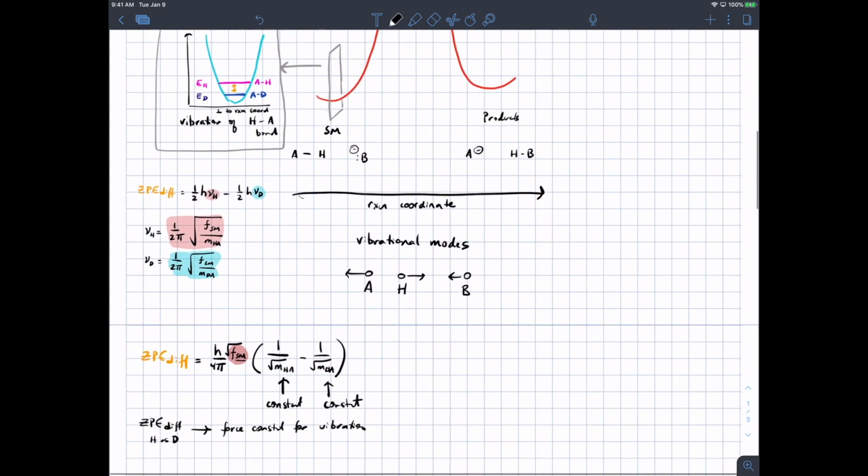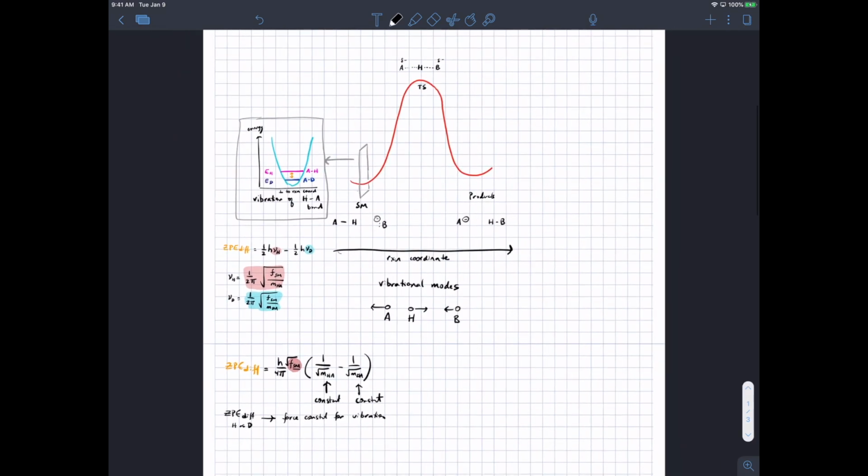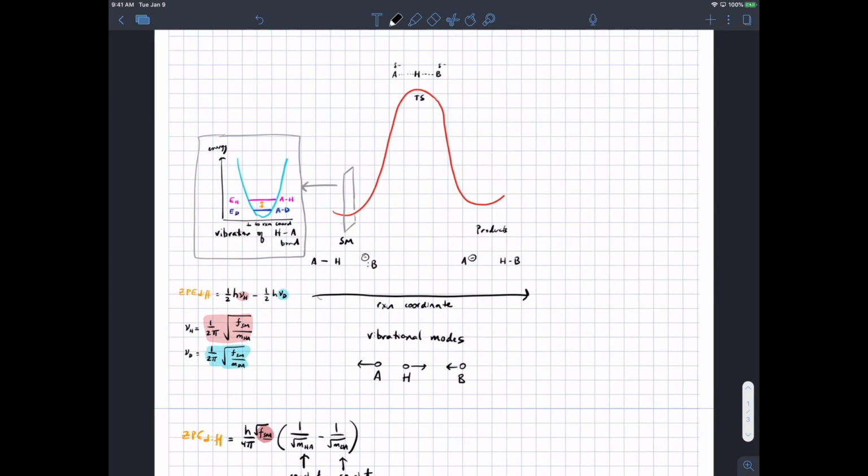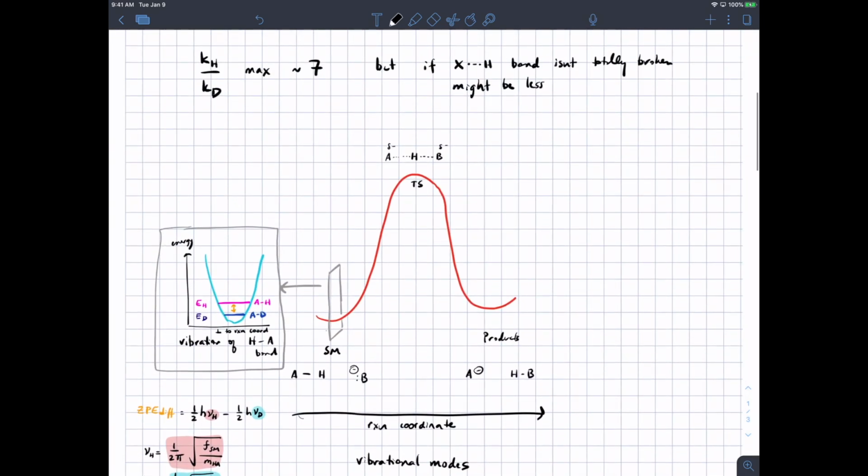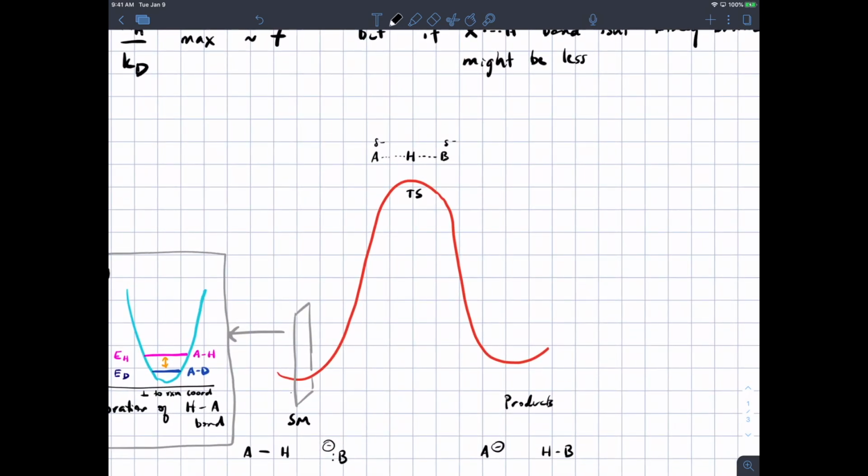Okay. So, in this case, what we have said is that our transition state looks like the proton is sort of being evenly shared between A and B. And if we were to draw a new symmetrical vibration that develops in this transition state, it would involve A and B sort of vibrating away from each other, and the proton stays more or less motionless.